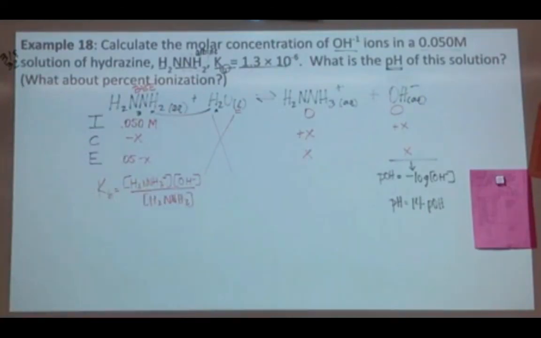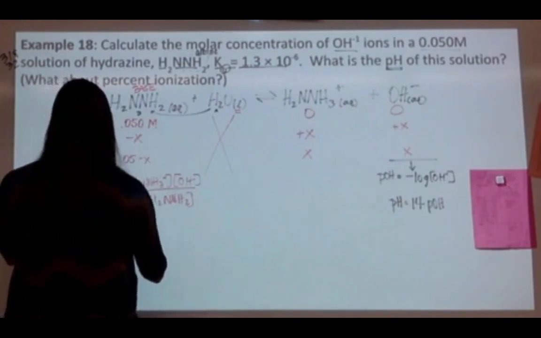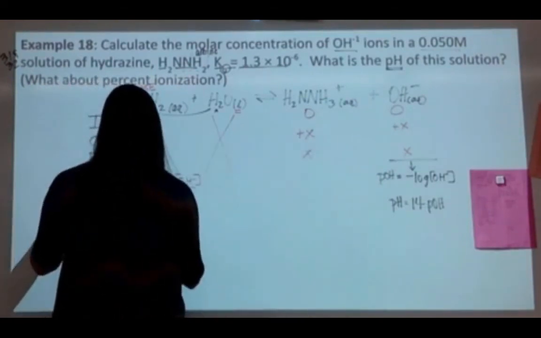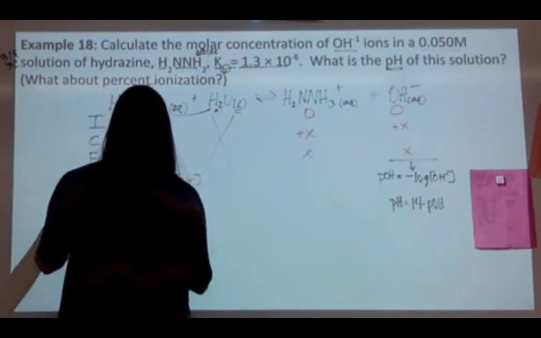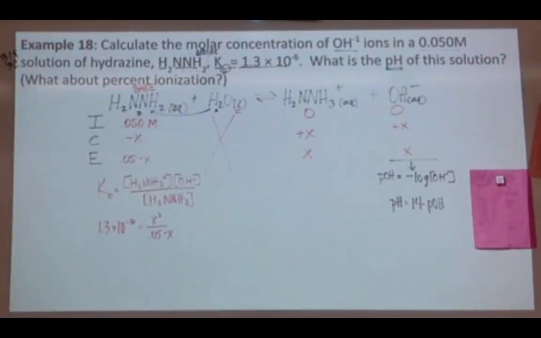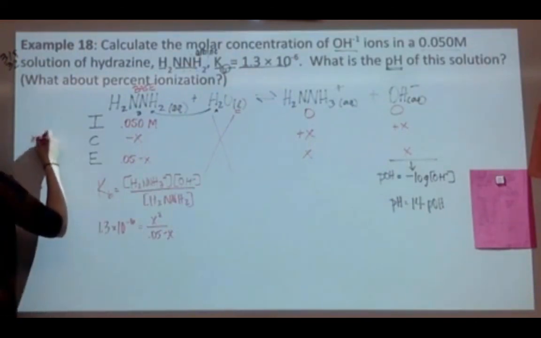No water. This water's a liquid. So now they gave us the Kb value, 1.3 times 10 to the negative 6, is X times X over 0.05 minus X. Again, if you make the assumption, you have to write down that you're making the assumption that X is small.